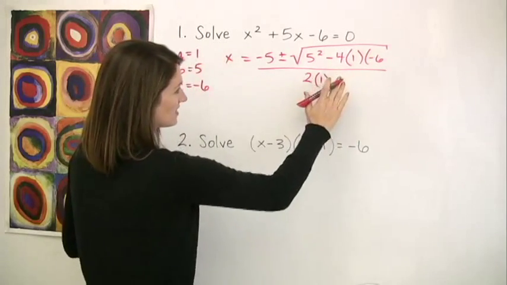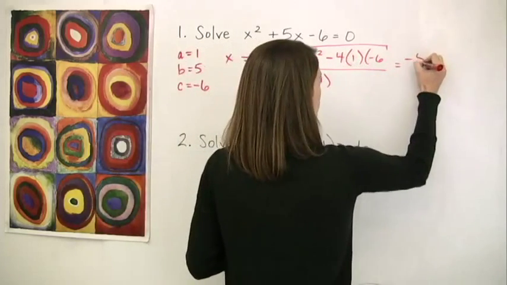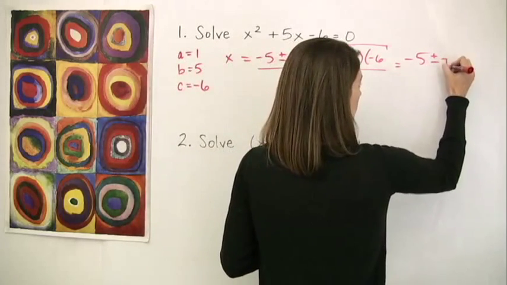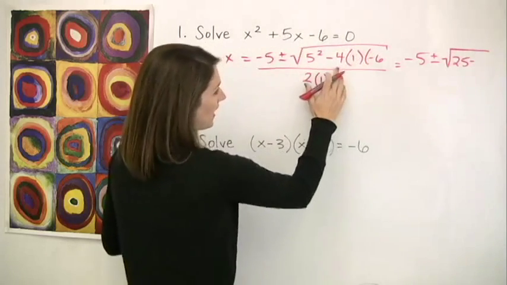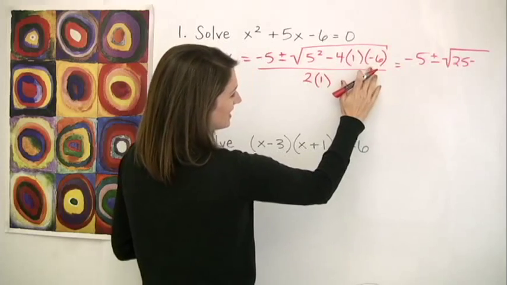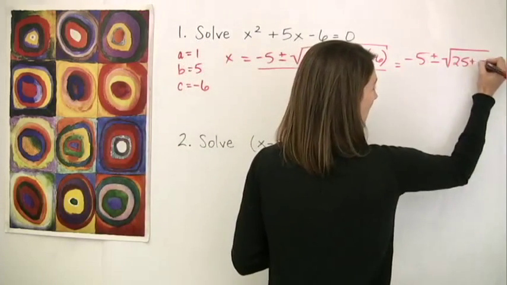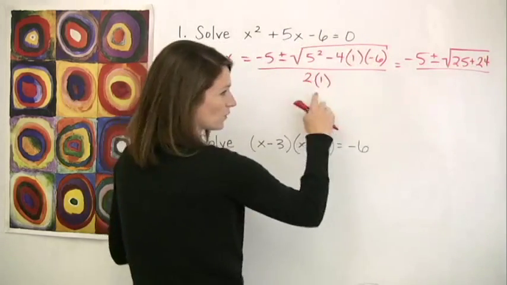So if we simplify this, let's work under our radical sign first. 5 squared is 25, and then 4 times 1 is 4 times negative 6 is negative 24. And we're subtracting that, so let's add 24, and that's over 2 times 1, which is 2.